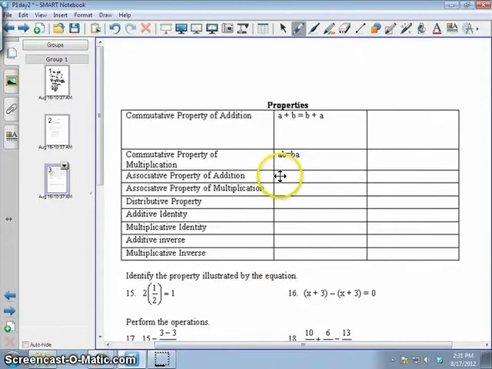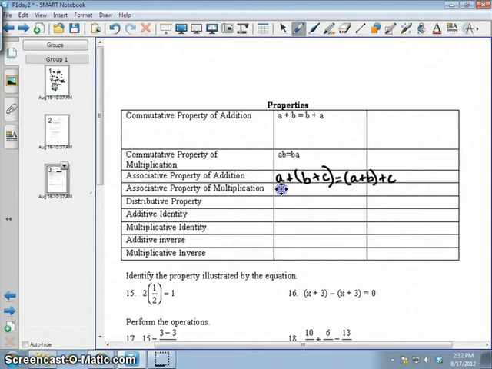The associative property, a plus parenthesis b plus c, close parenthesis, equals parenthesis a plus b, close parenthesis, plus c. This blank column out here on the side, we're going to fill that in when you get to class, so just leave that blank for right now.